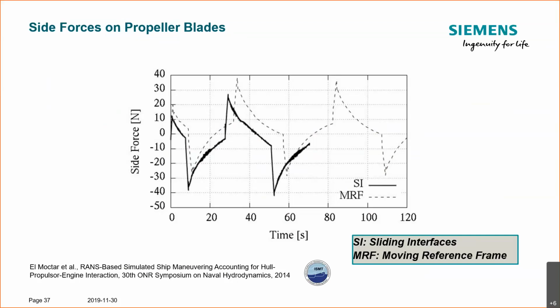Whereas the sliding interface method is able to capture the asymmetry in the side force history. And because the actual force magnitude might be small, but the distance from the propeller to the center of gravity is very long, even a small force will induce a very large yaw moment. That's why we're seeing differences in the overshoot angles for the zigzag maneuver or turning cycles.